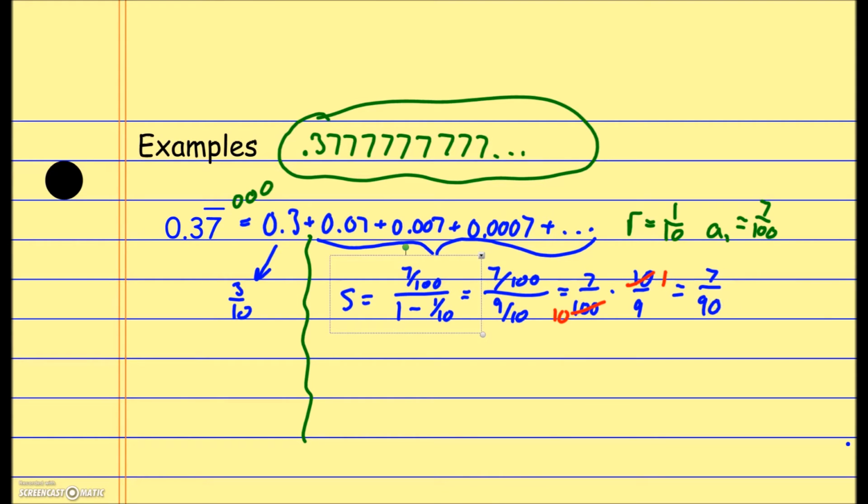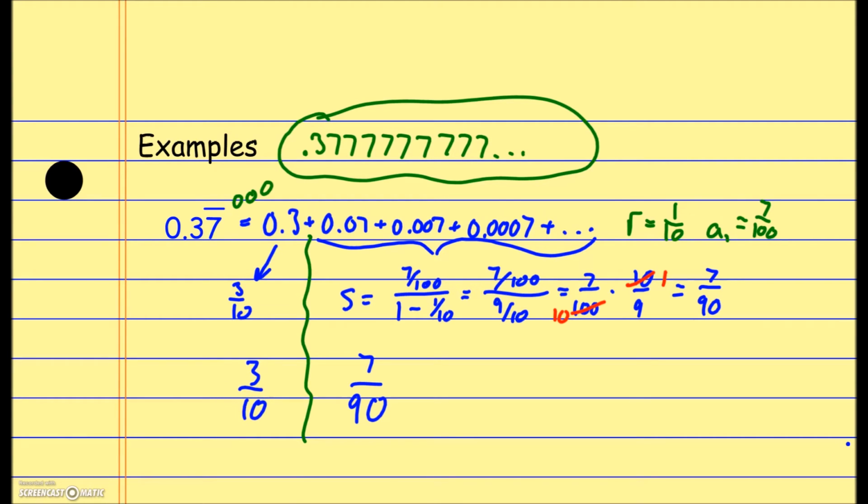So this geometric series part ends up giving me 7 over 90 when it's all said and done. If I were to punch 7 over 90 into my calculator, it would give me 0.07777 with that 7 repeating forever. So the only thing that's missing is that 0.3, which is 3/10.